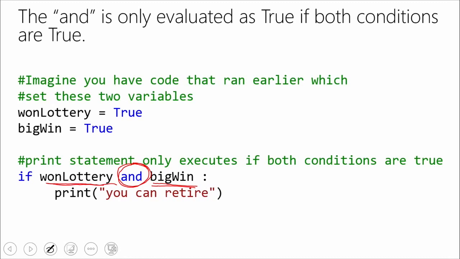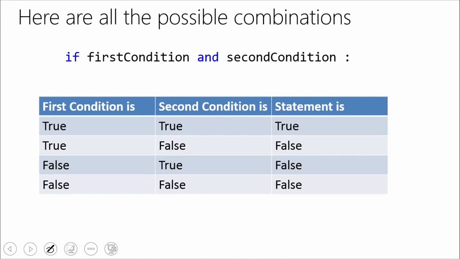Now, one of the things is that this can be a little bit complex trying to figure out when it is actually going to run this, and when it is not going to run this. I love this table that you have here because it breaks it down very simply. If the first condition is and the second condition is, that is what the result is going to wind up being.